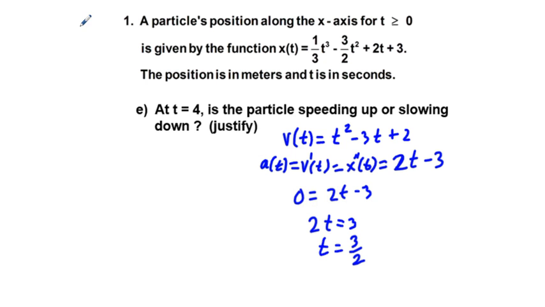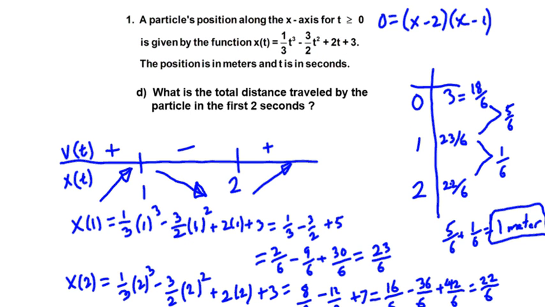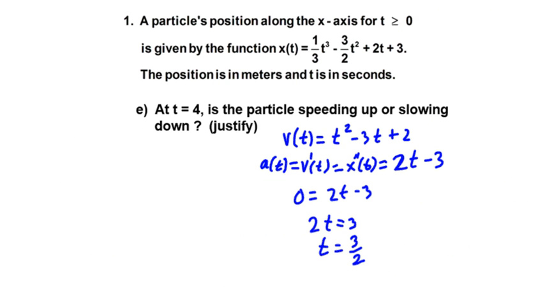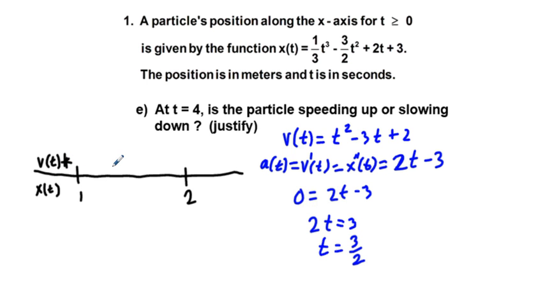So coming back to our number line, I'll just make a new one. Remember we had our critical numbers of 1 and 2, and that's going to be v of t up here and x of t here. So we have positive to the left of 1, negative between 1 and 2, and positive greater than 2 for velocity. This next one I'm going to make is for acceleration, a of t over x of t.